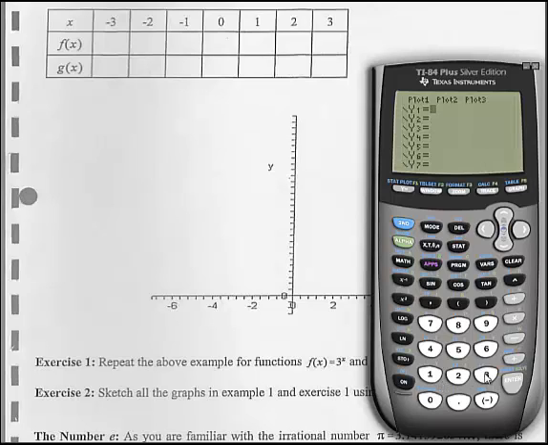So here we go. I will use y1 for f of x, and I'll use y2 for g of x. And down here on exercise 1 it says we want f of x to be 3 to the x.